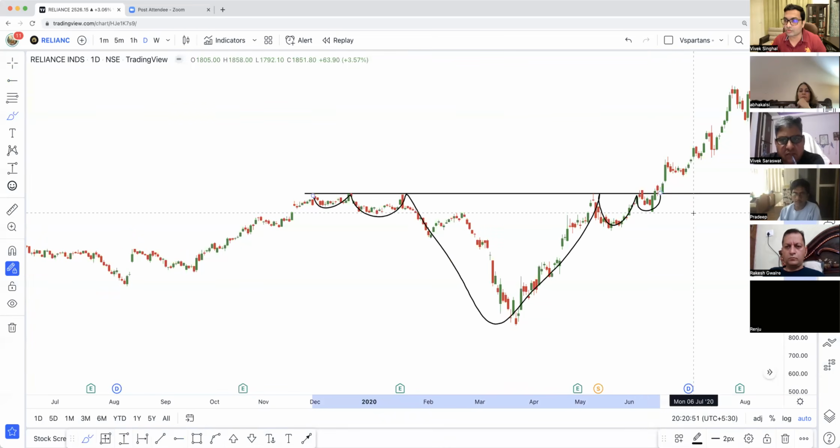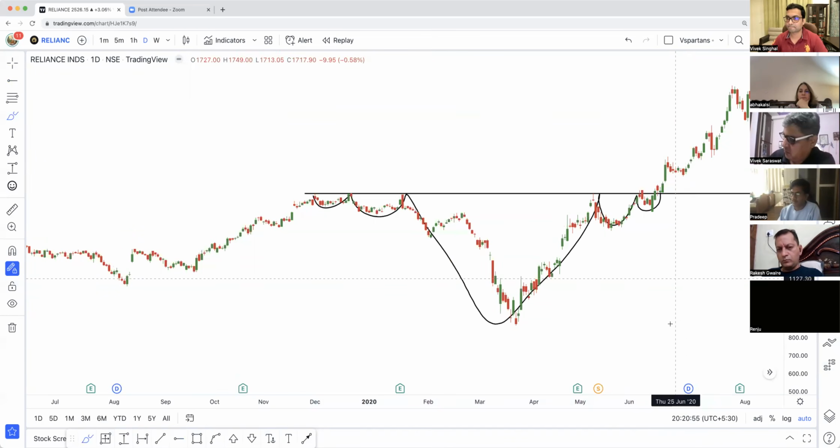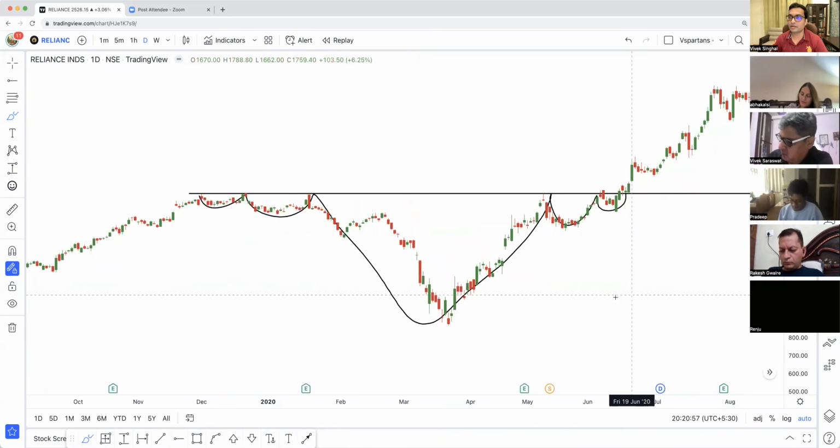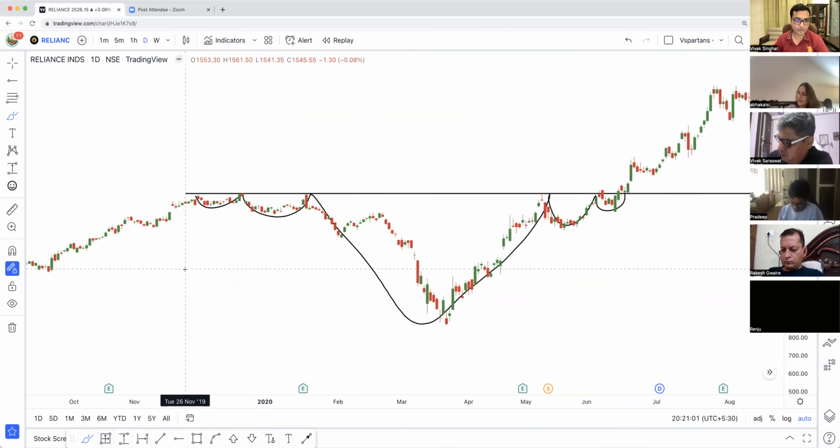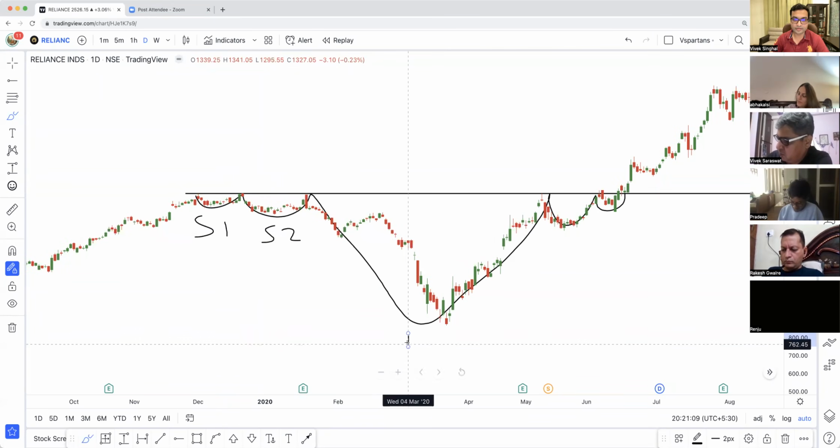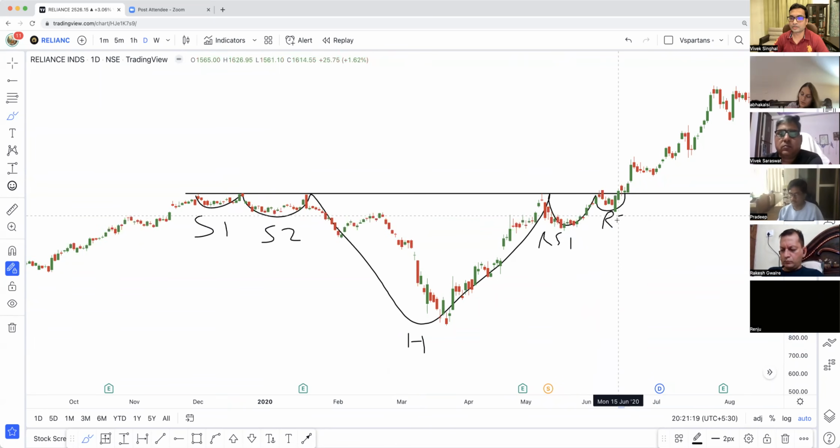So we need to note down that there could be more than one shoulder on either side. This is shoulder 1, this is shoulder 2, this is the head, this is right shoulder 1, and this is right shoulder 2.